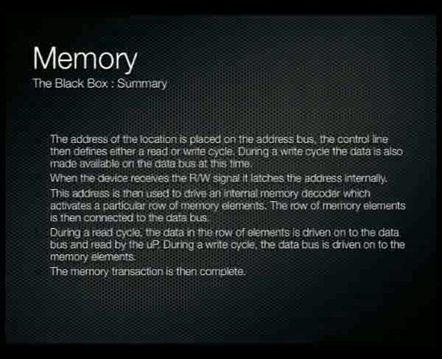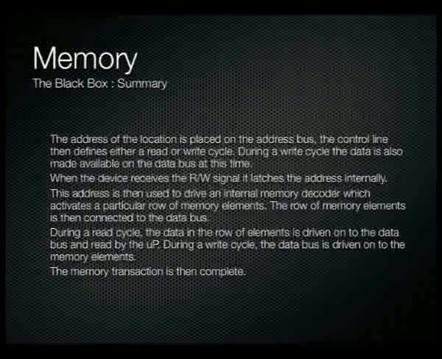Okay, so when the device receives the read-write signal, it latches the address off the address bus internally. The address is then used to drive an internal memory decoder, which activates a particular row of memory elements. The row of memory elements is then connected to the data bus.